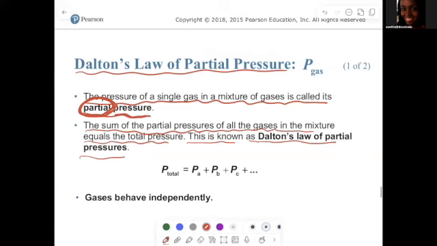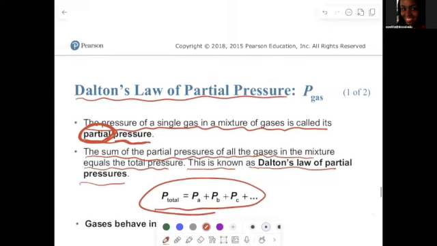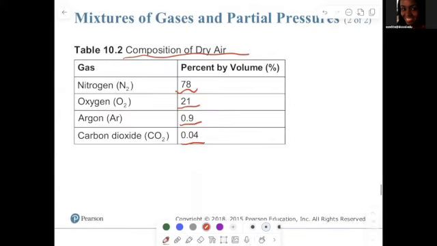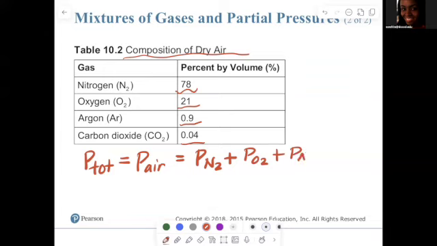So instead of looking at generic gas A, B, and C, I want to go back here and talk about this. So what Dalton is saying is that if you have a mixture of gases, right, to figure out the total pressure of all those gas mixture, the pressure total in this case for our air will be the pressure of air, right? Because air is essentially a mixture of all those gases. To get the pressure total of air, take the partial pressure of nitrogen, add it to the partial pressure of oxygen, add it to the partial pressure of argon, and add this to the partial pressure of carbon dioxide.